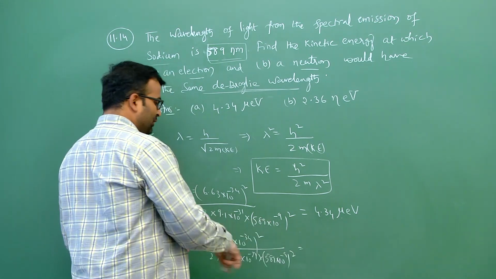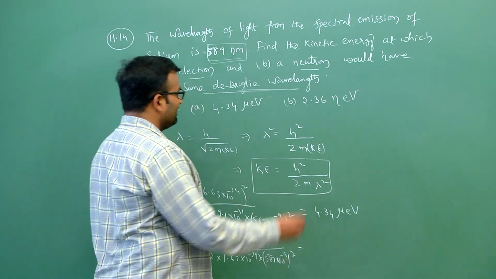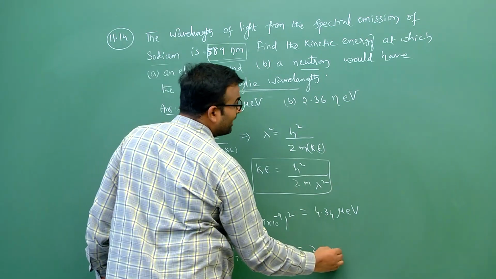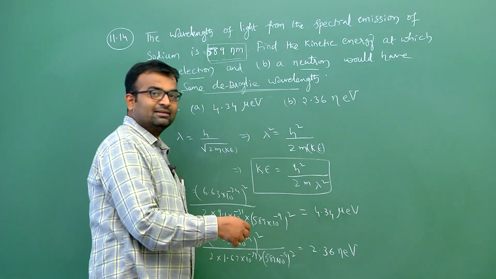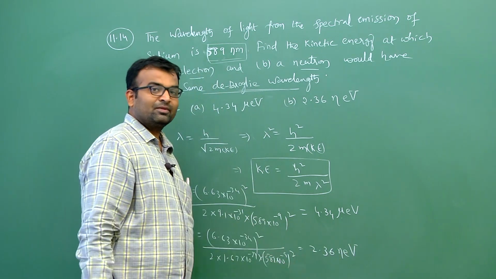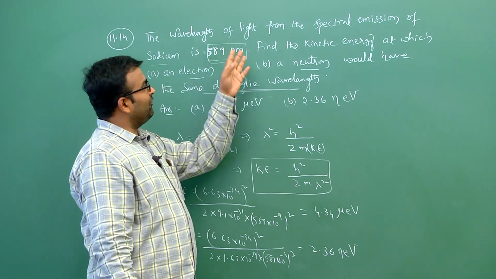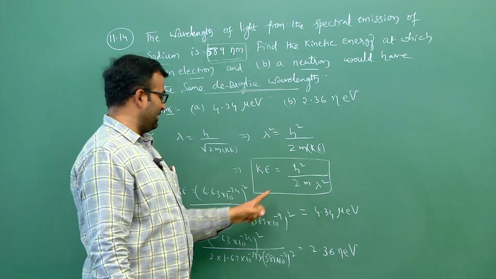If you do this, as before, you will get the answer in joules, convert into electron volt, and the answer will be 2.36 nano electron volt, meaning 10 to the power of minus 9 electron volt. This is how you can solve the problem of getting the same wavelength for the electron and neutron if they possess this much kinetic energy.